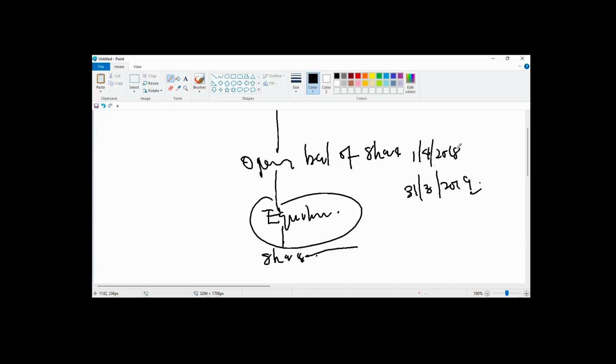I'll go to the question. I need the opening balance on this date, 1st April. Or you give me the closing balance of 31st March 2018. One of these two. This is the closing balance for last year, which will be the opening. I need shares on that day.